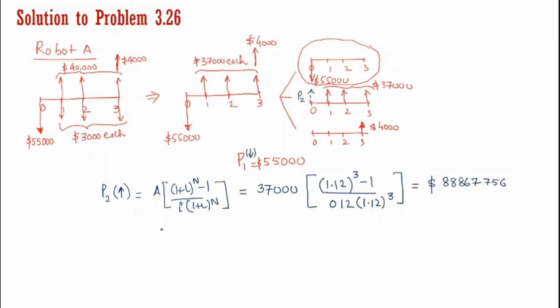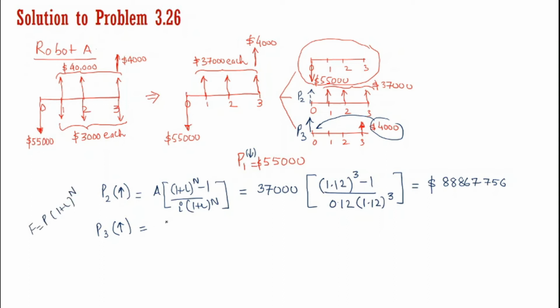Now on similar lines, we can compute from this series. Say if I call the equivalence of this at this point of time P3. So P3, again, the direction of P3 will be upward. So we have to treat this as F, and we are interested in finding out P. The relationship is F equal to P times (1 plus i) to the power n.